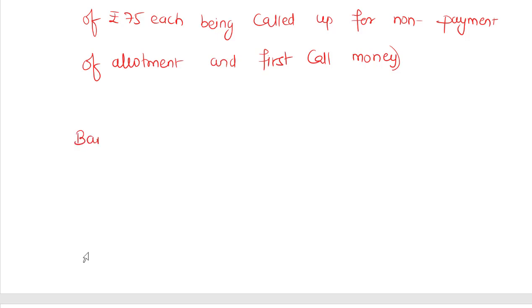Next entry, bank account debit, on 1500 they paid 65, so 97,500.